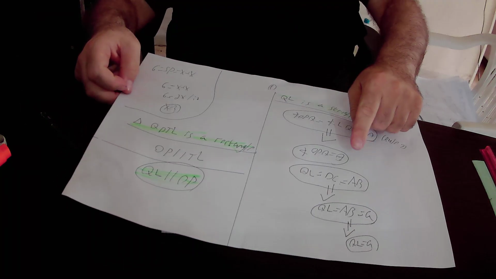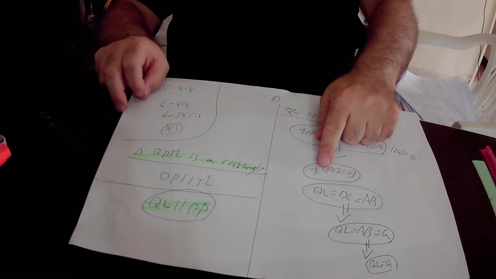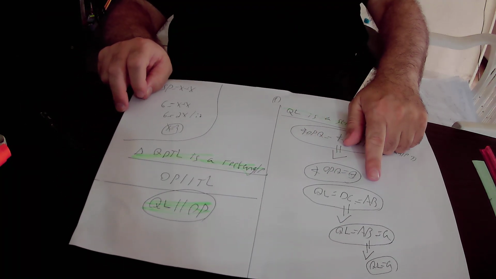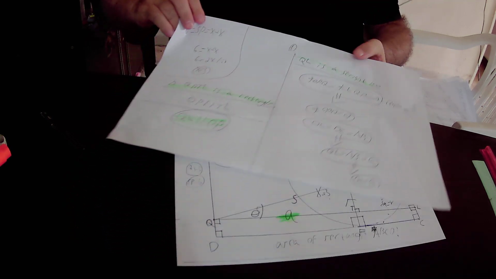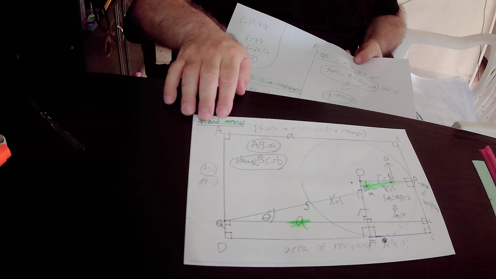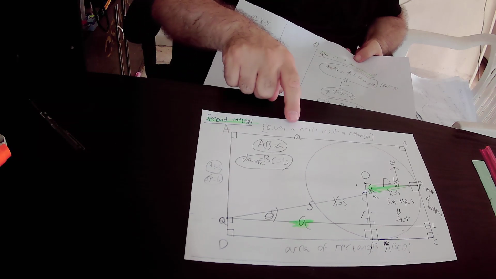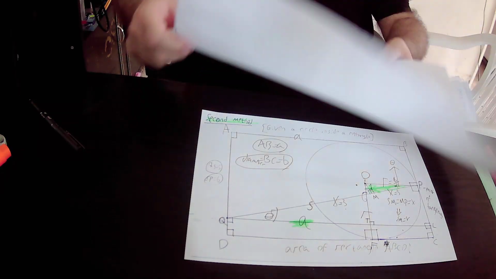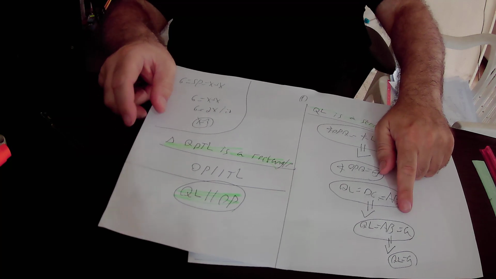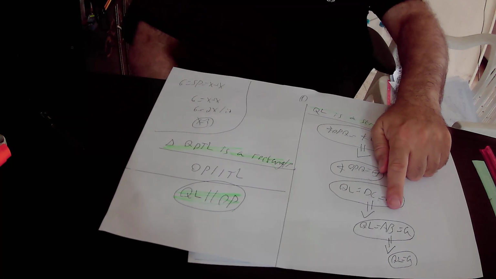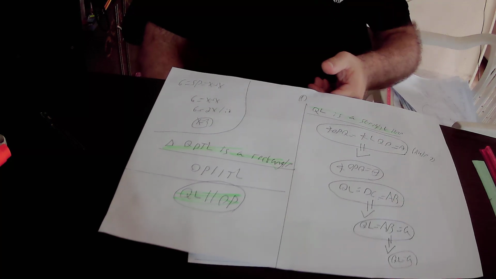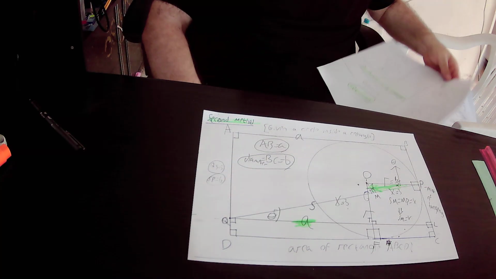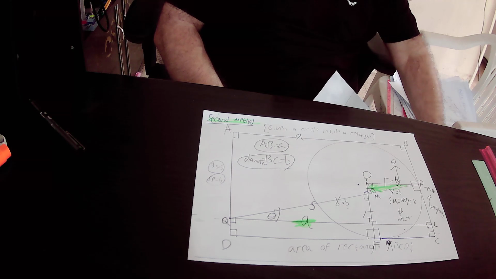So from QL equals DC equals AB, we derive that QL is also equal to AB. But according to our definition, AB equals A. So from QL equals AB equals A, we derive that QL is also equal to A.